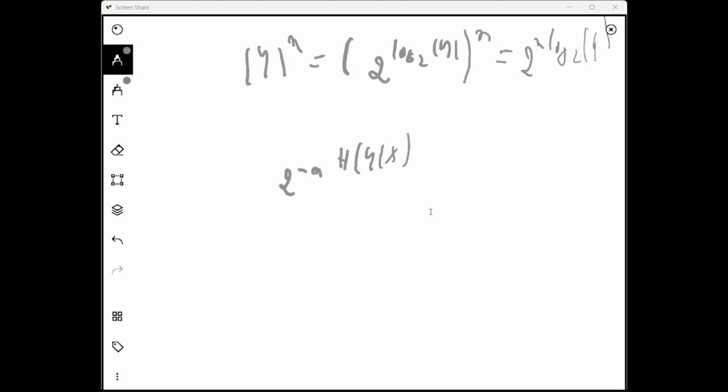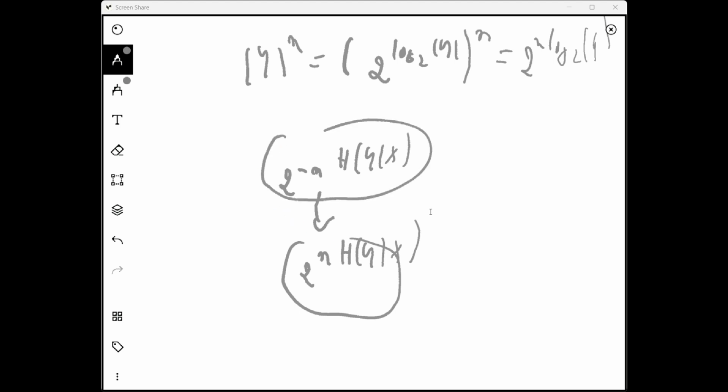Because the sum of the probabilities should be 1, the number of sequences is the inverse of that, so it's 2 to the power of n H(Y|X). That is the number of possible exits: this is the probability of each of them, and because you must sum them to 1, that's the number of exits.